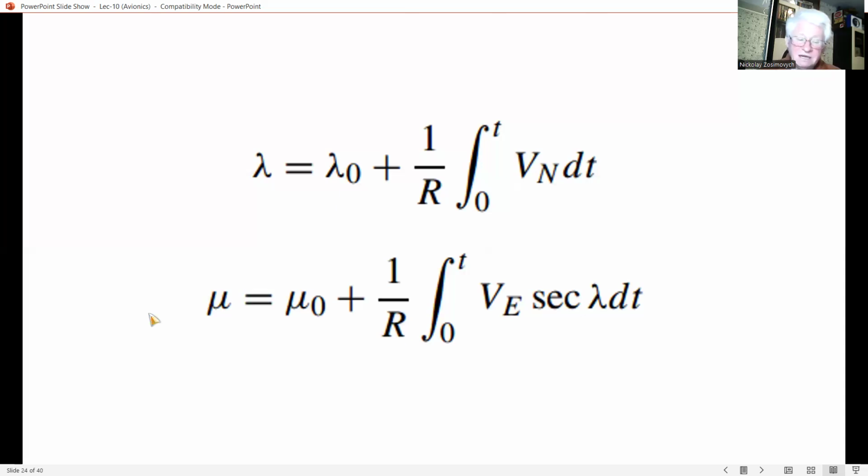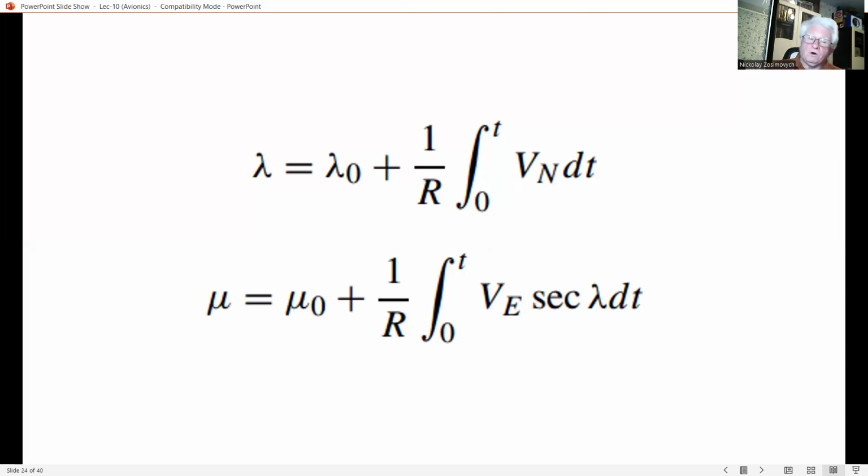It can be seen that a mathematical singularity is approached as lambda approaches 90 degrees, and secant lambda approaches infinity. And this method of computing the latitude and longitude of the DR position is hence limited to latitudes below 80 degrees.